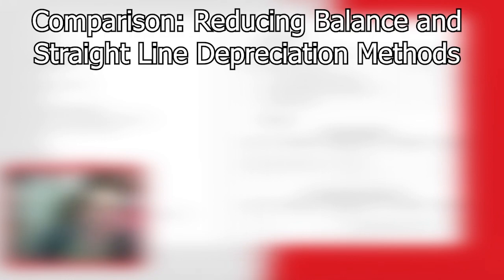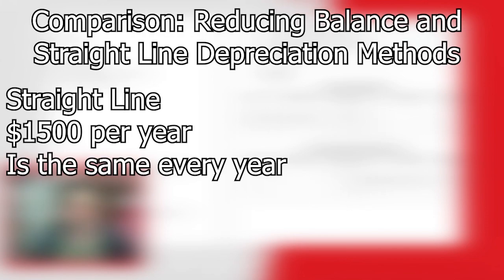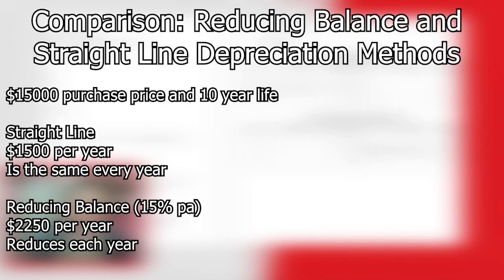So we're going to go back and look at, firstly, the reducing balance of the first example where they purchased equipment for $15,000 that we plan to keep for 10 years and dispose of at the end of its life. So let's say 15%, and we plan to get rid of it. So eventually you will reach that same point. So let's just show how it's different.